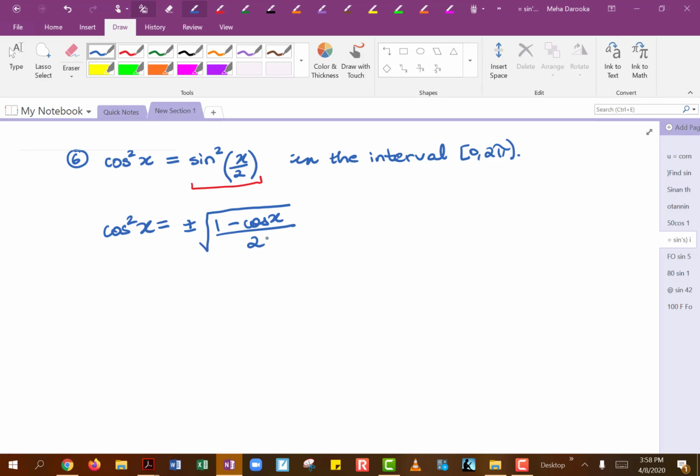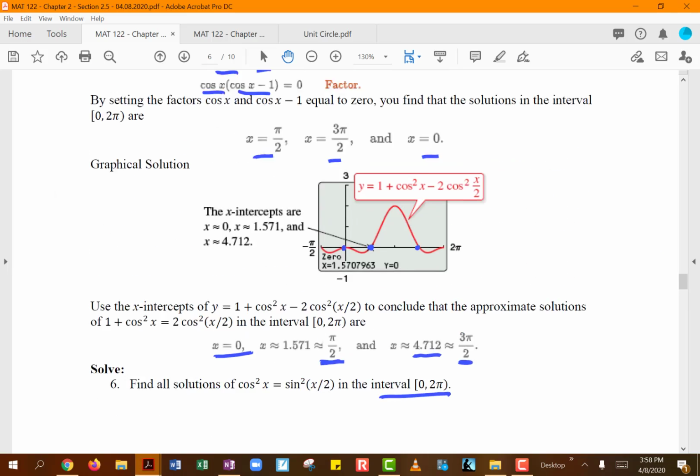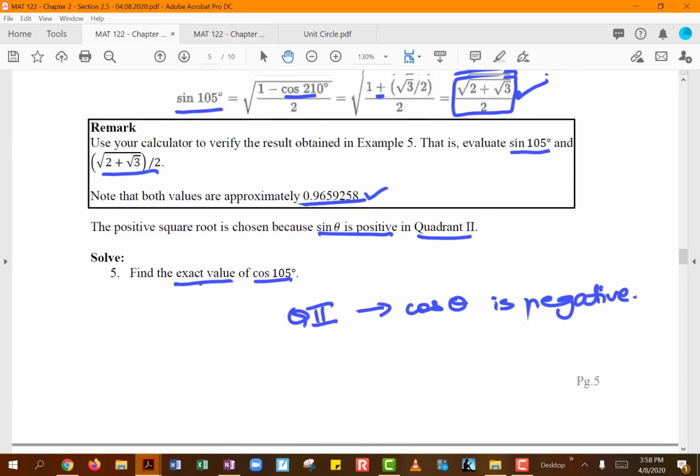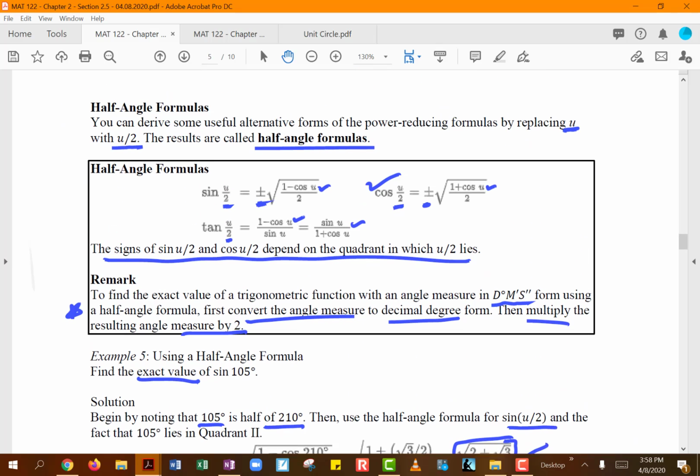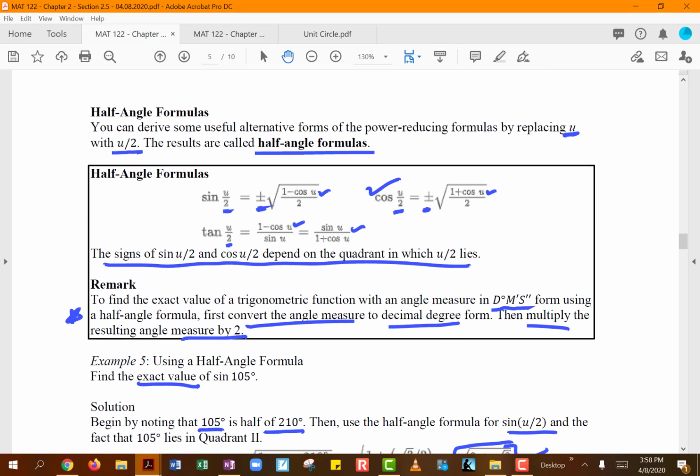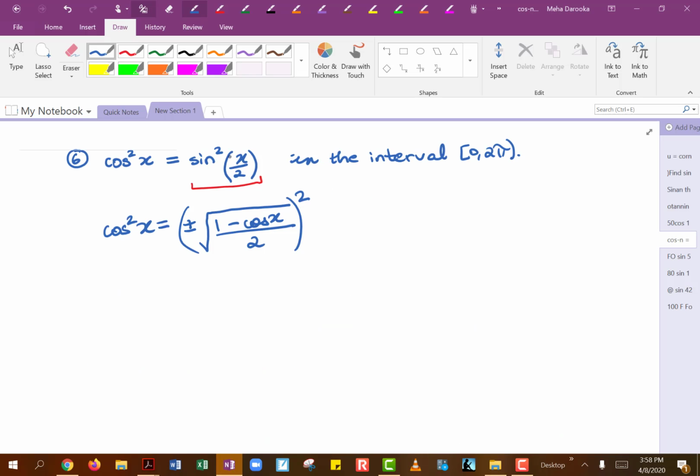Now since this is sine squared, we also need to put that squared on here, right? And then just to show you guys, this was that half angle formula that we used over here. So sine of u over 2 is plus or minus the square root of 1 minus cosine of u over 2. And since we had the square, we needed to include the square on that.